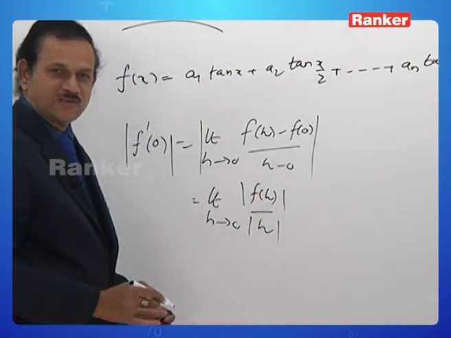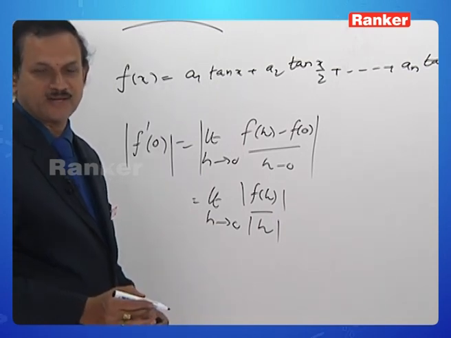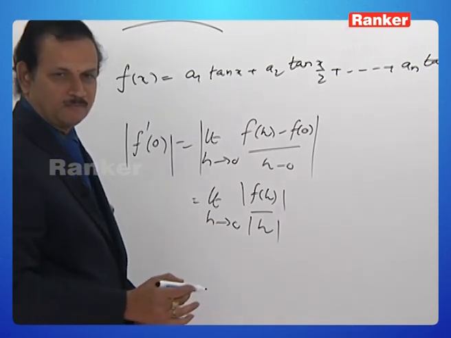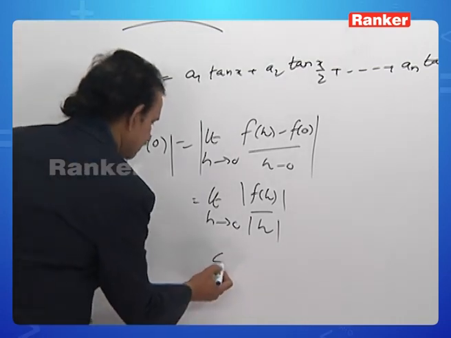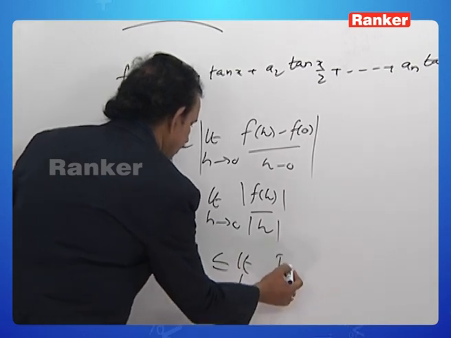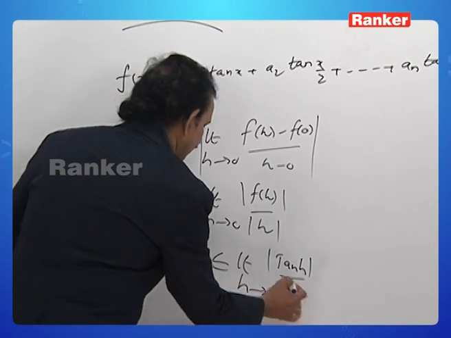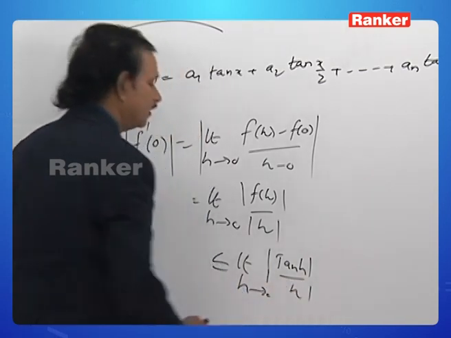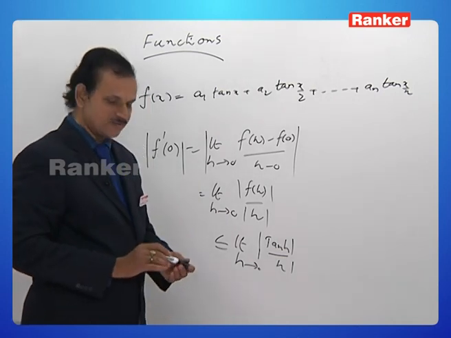This is the right occasion for us to use the important information from the data. That is, -|tan x| ≤ f(x) ≤ |tan x|, so that this is less than or equal to the limit as h tends to 0 of |tan h|/h. Here we could have used |f(x)| ≤ |tan x|.